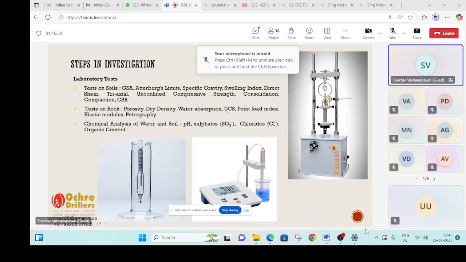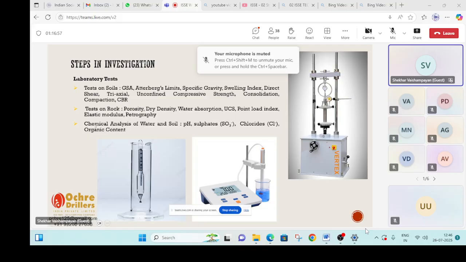And if the piece is very small, less than 2 times the diameter, then you conduct a point load test. For special cases, you can conduct elastic modulus, and also can determine petrography if you are interested in finding out the mineralogical contents of the rock.